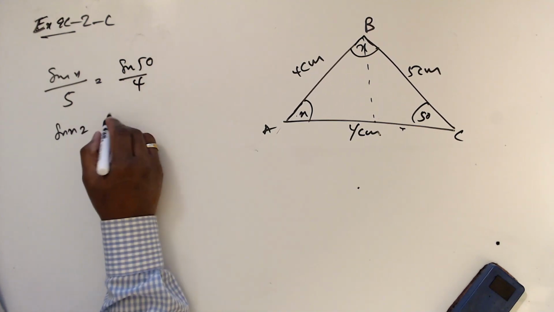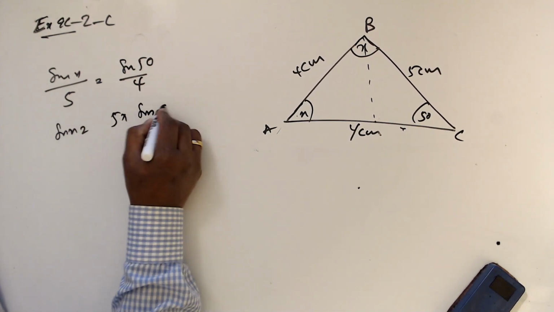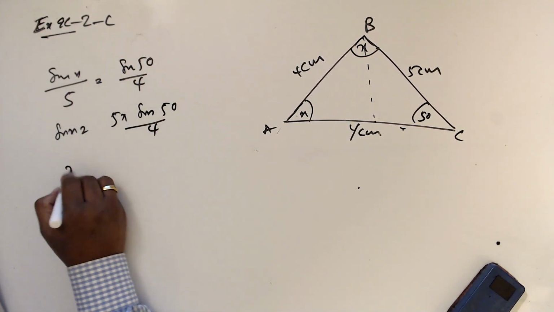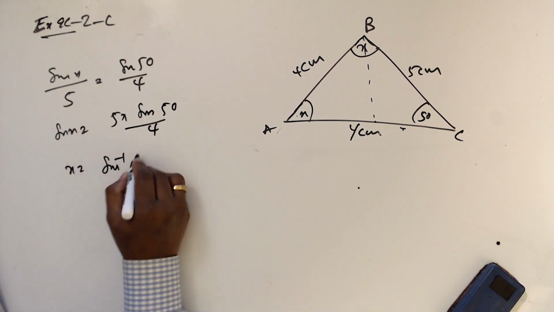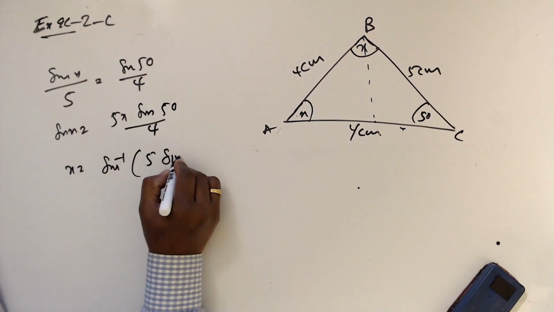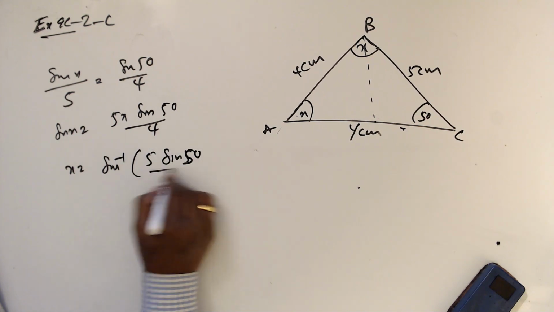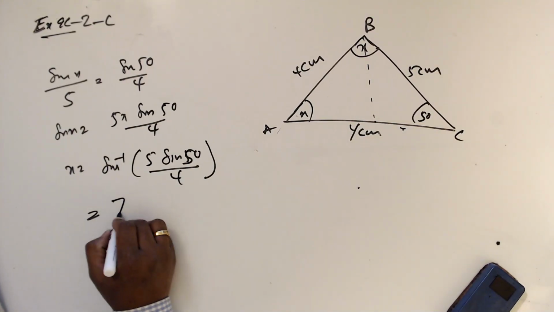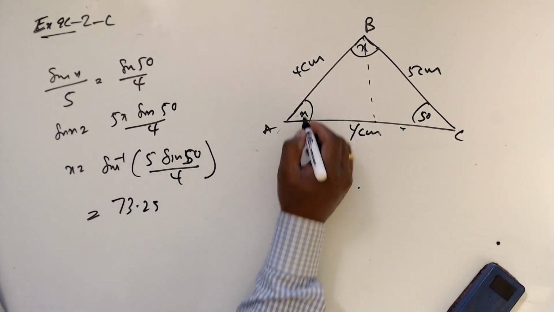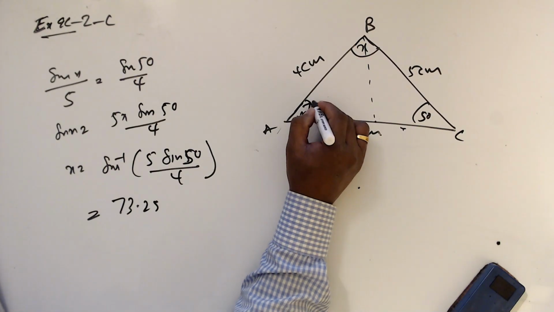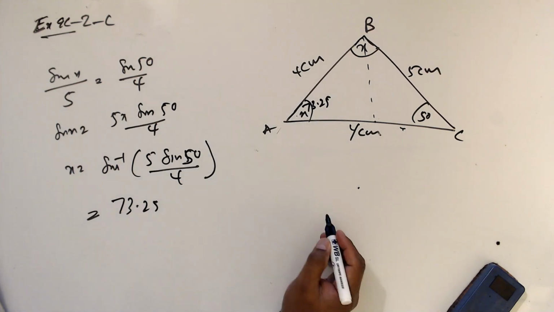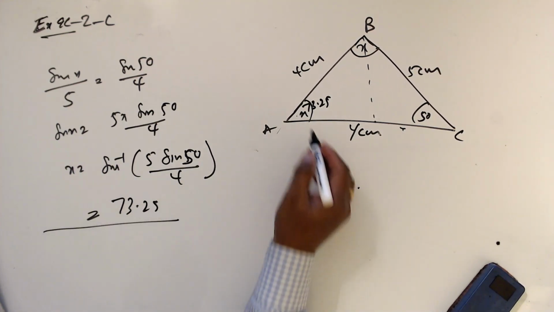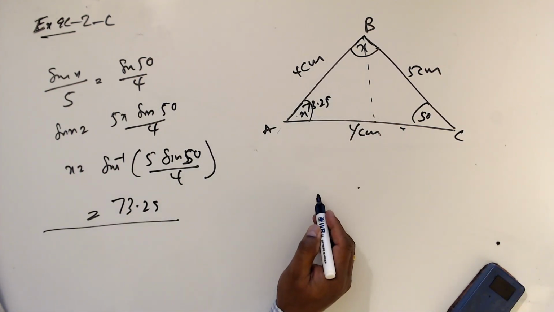Then cross multiply, 5 times sine 50 over 4. X equals sine inverse of 5 sine 50 over 4, which is 73.25. So this is 73.25.